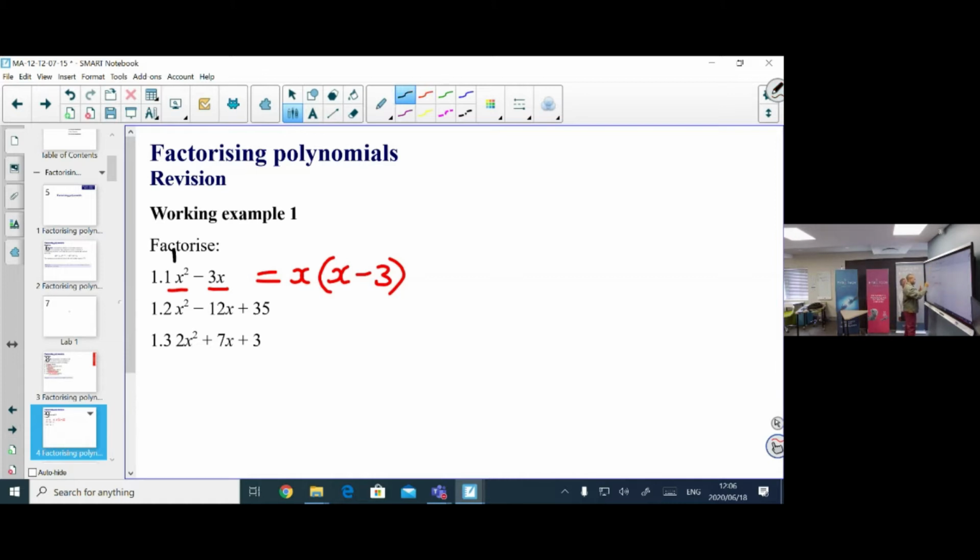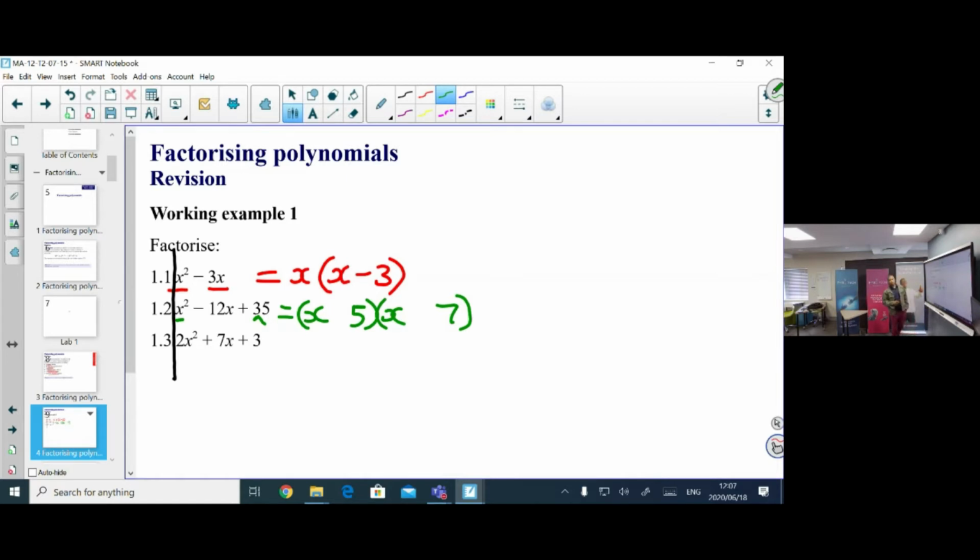So this, if I may put a line here, just to show you the correct questions, you will notice that sometimes if you are able to use your multiplication tables very well, you can relate to this from two brackets. So you have your x for the first term, and then for the last term, you have to choose a number that is going to give you 35 when you multiply.